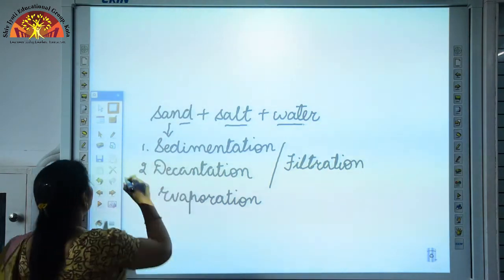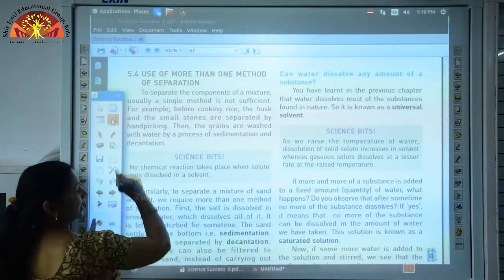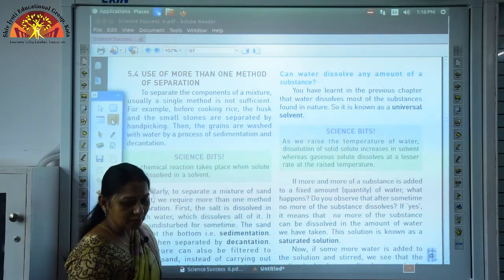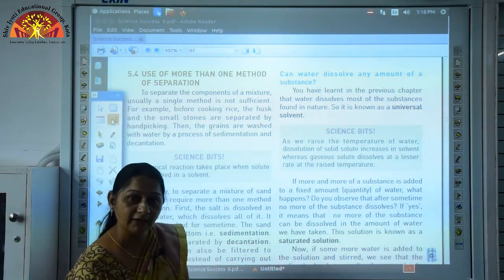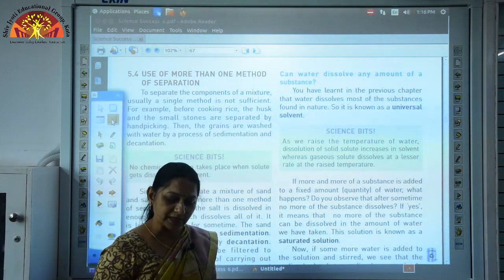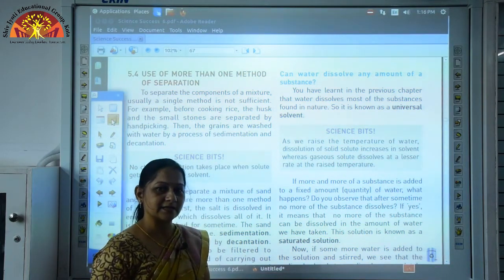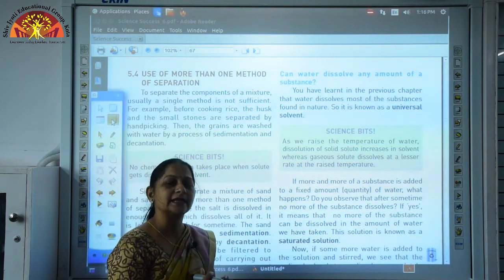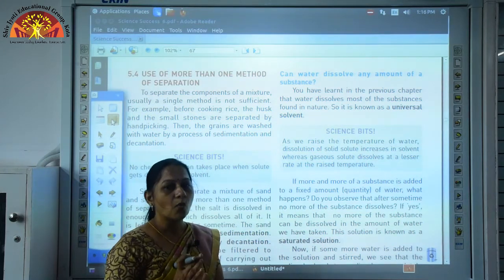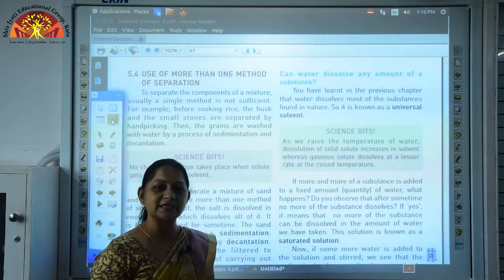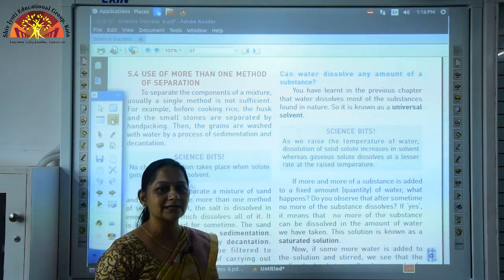Now you must be thinking, can water dissolve any substance or any amount of substance? Can it dissolve all the substances? Yes, the answer is yes. Water is called the universal solvent. Why is it called the universal solvent?